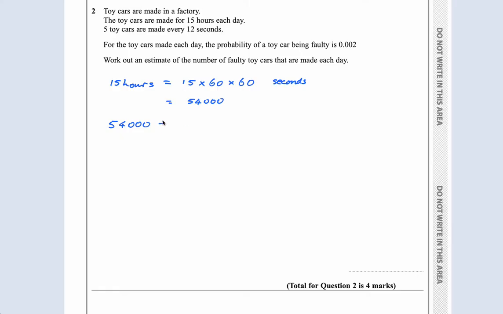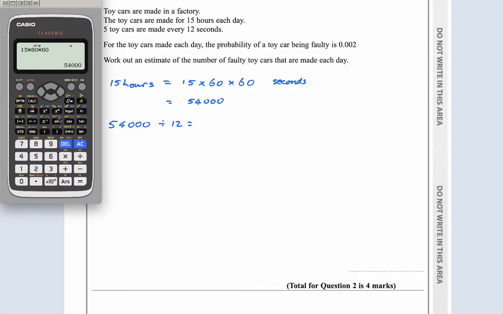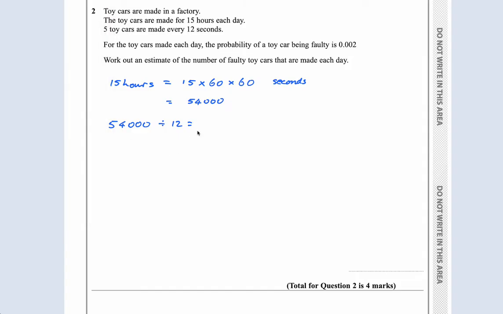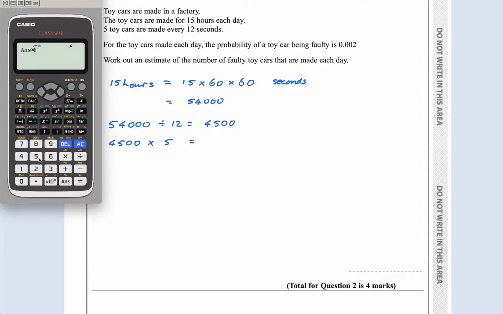So if I do this divided by 12, I will get 4,500. Okay, so that means there are 4,500 12-second intervals in this 15 hours, and 5 toys are made every 12 seconds. So I need to multiply this by 5 to see how many toy cars are made in a day. So this times 5 is equal to 22,500.